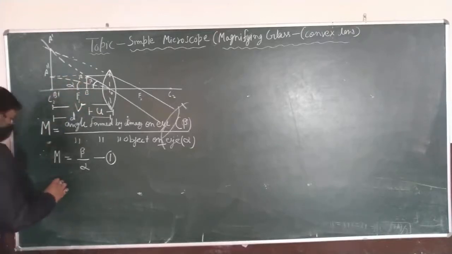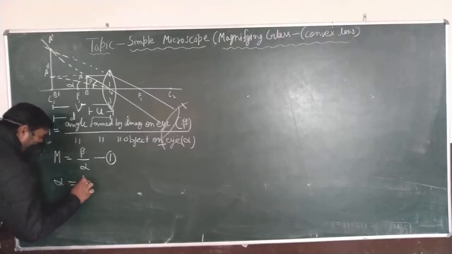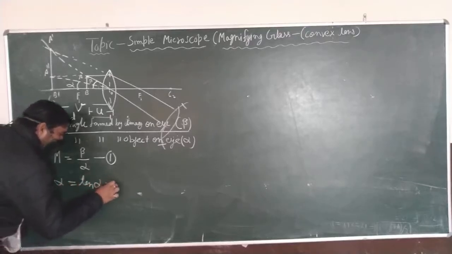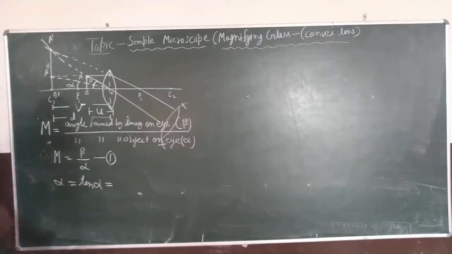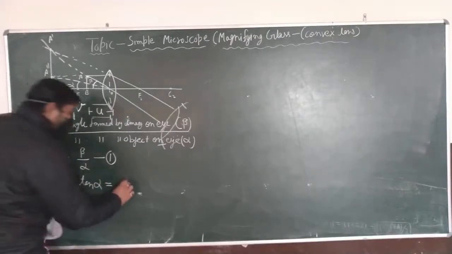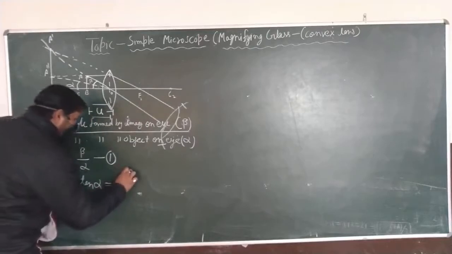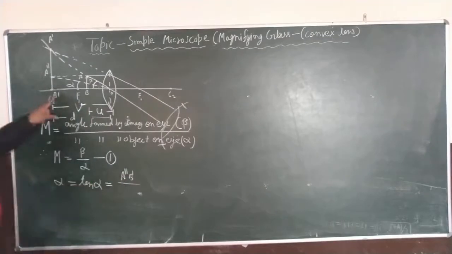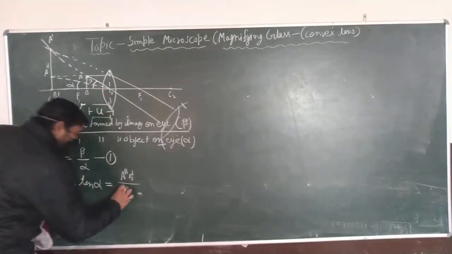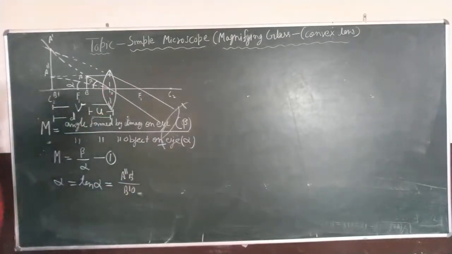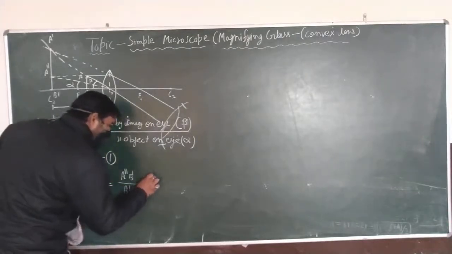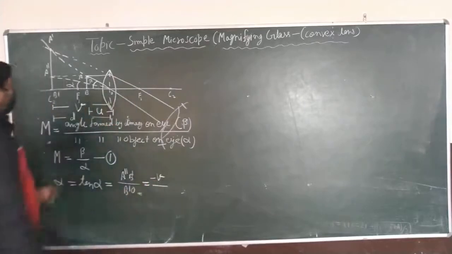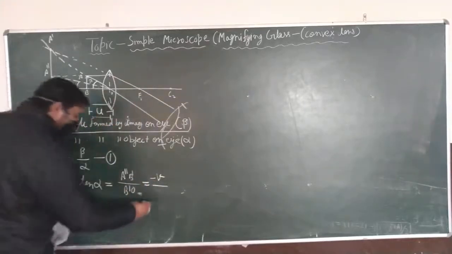So we can calculate that alpha is equal to tan alpha, which by using this value is A double dash B dash upon B dash O.